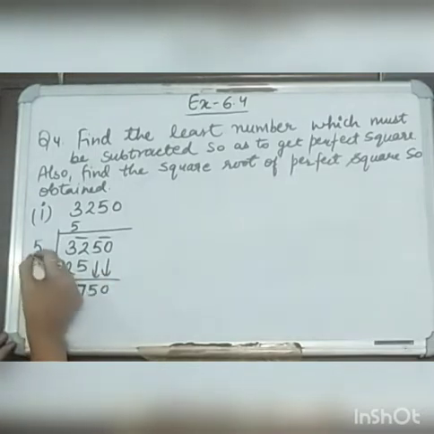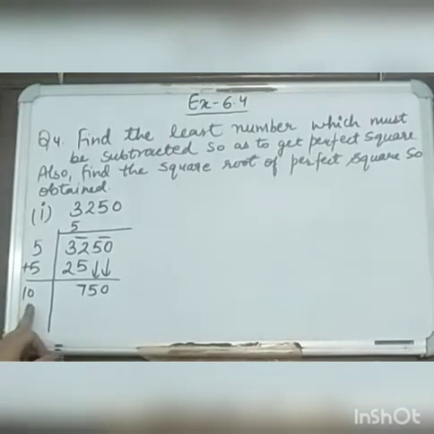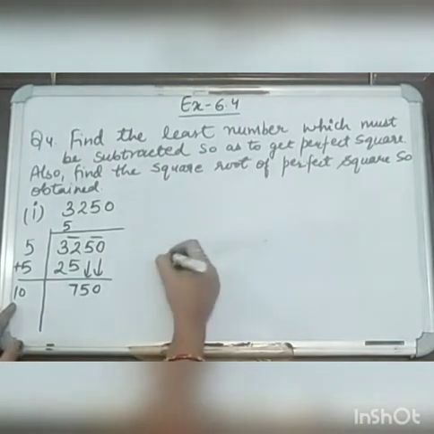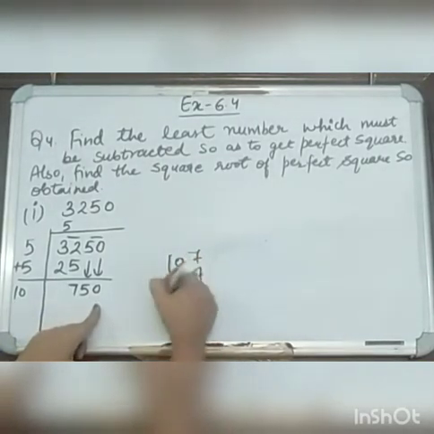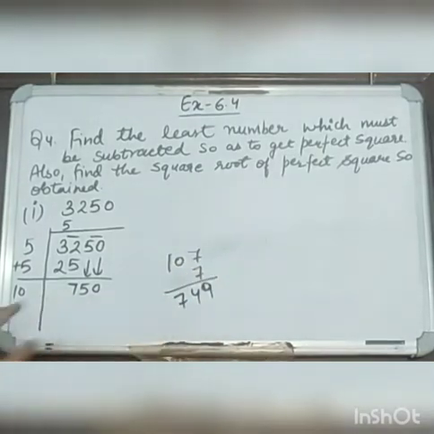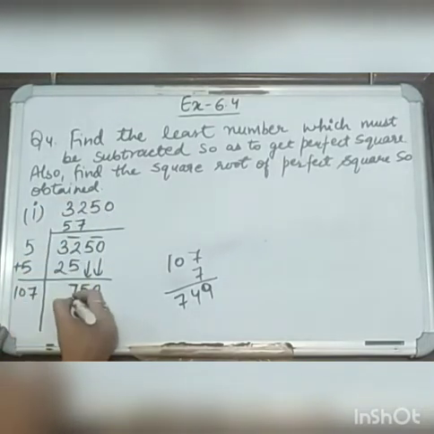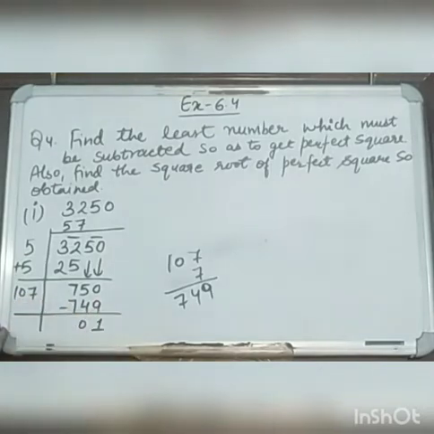Now see, beta, here it is 5, we will add here, this will become 10. Okay, now we will check for this one. Now 7 sevens are 49, 7 ones are 7. Okay, so this is 57. It is 749. The remainder is 1 here.